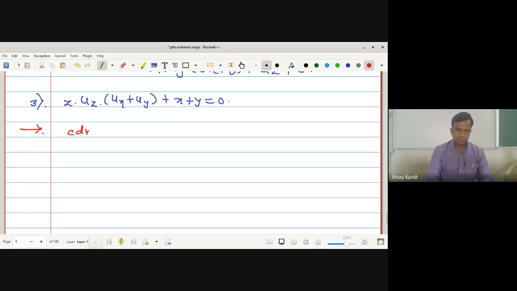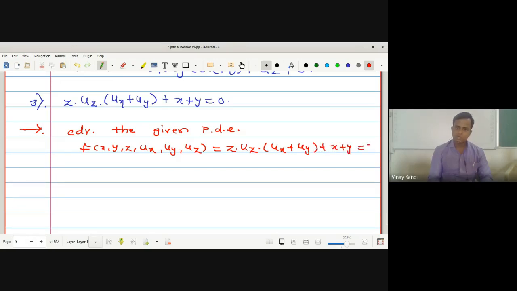Consider the given partial differential equation f of x, y, z, ux, uy and uz, which is equal to z into uz into ux plus uy plus x plus y is equal to 0, and give this the equation number 1.